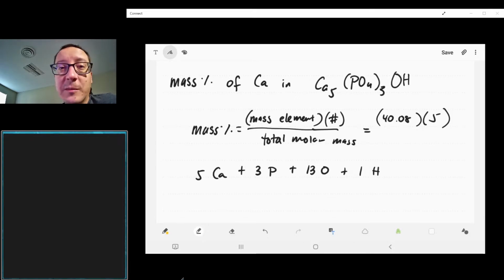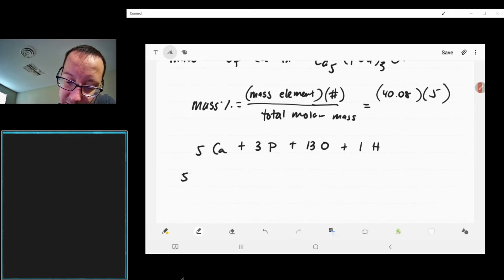Remember, a subscript outside the parentheses indicates that you have multiple of that polyatomic ion. So we have multiple phosphates here. Each phosphate has 4 oxygens. We've got 3 phosphates, so that's 12 oxygens from the phosphate. And then we do have that 1 hydroxy group at the end, which gives us 1 more oxygen.